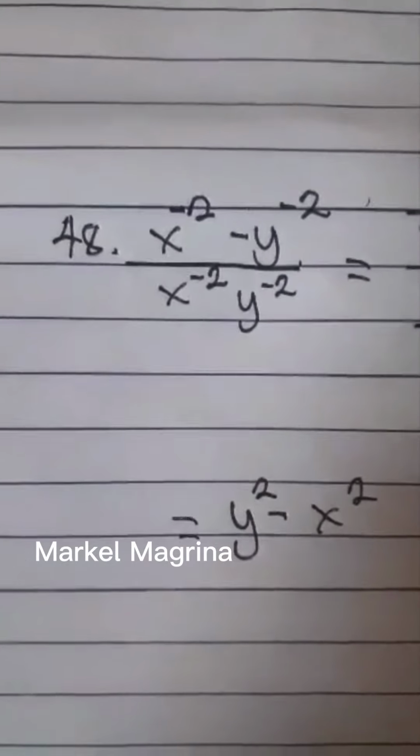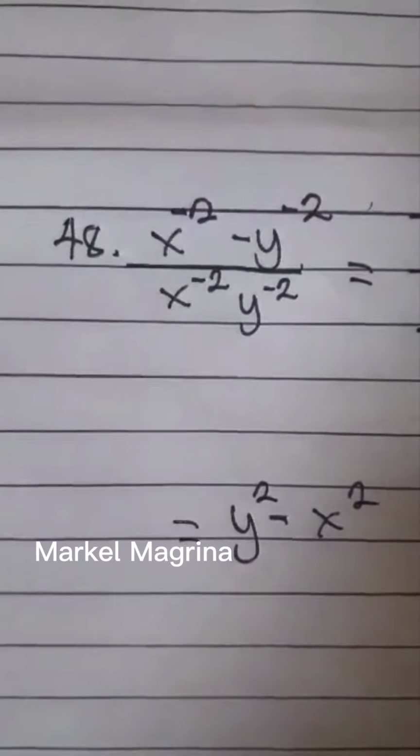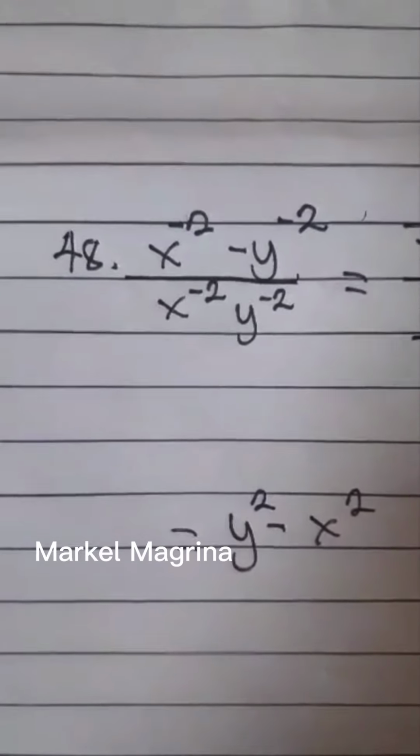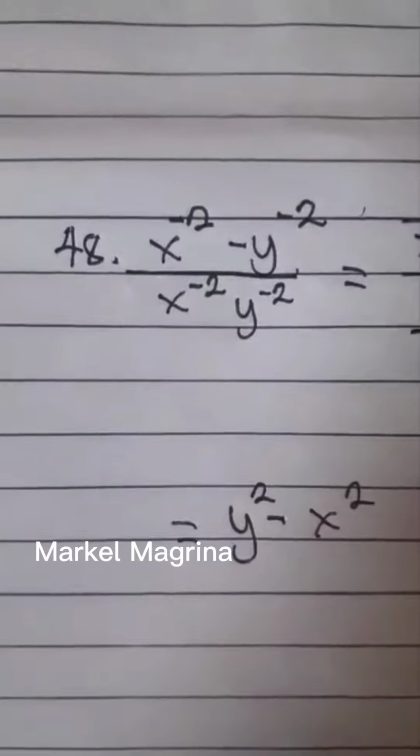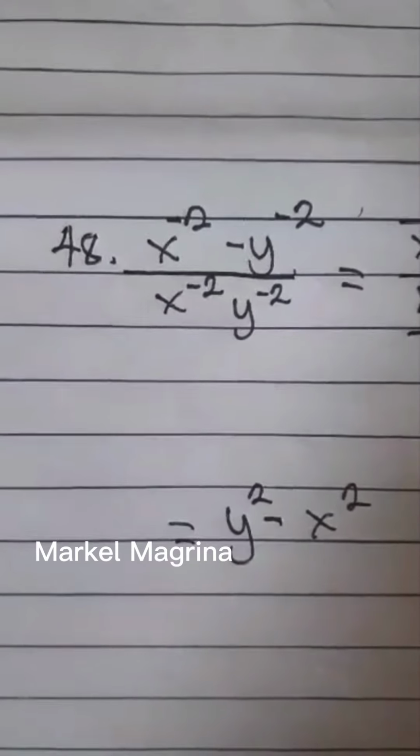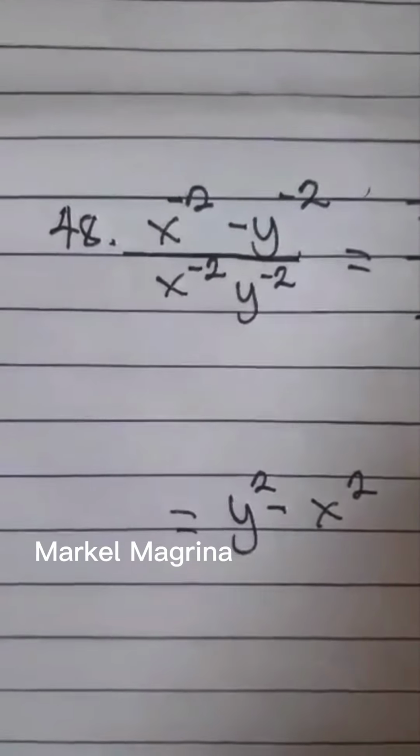Number 48. The equation in number 48 is x to the power of negative 2 minus y to the power of negative 2 over x to the power of negative 2, y to the power of negative 2.